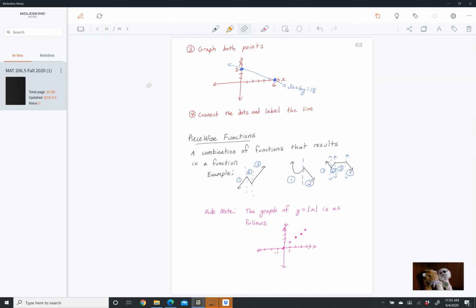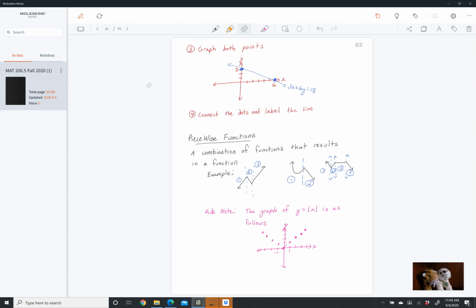Okay? What we mean by that is the absolute value of -1 is +1. Absolute value of -2 is +2. Absolute value of -3 is +3. Absolute value of -4 is +4.